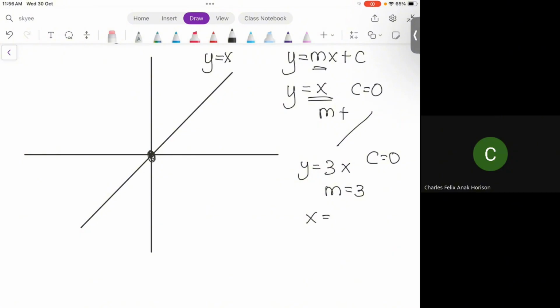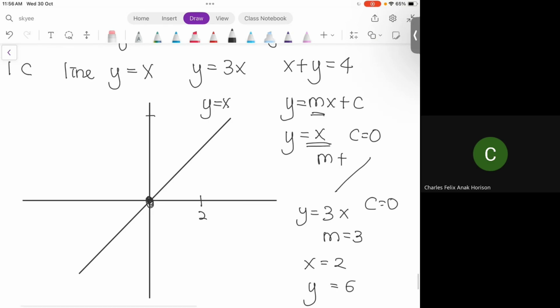It can be any value. Then y equals 6. So if this is 2 here, then y is 6, which might be here. You can use this point and the origin to plot a line, something like this.